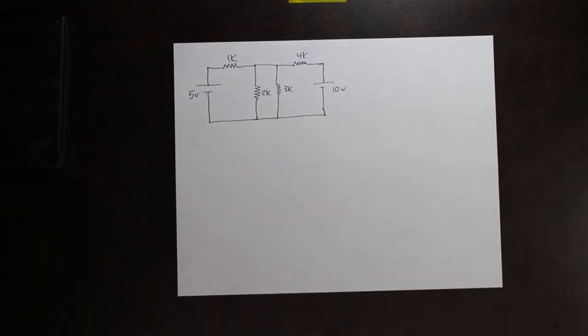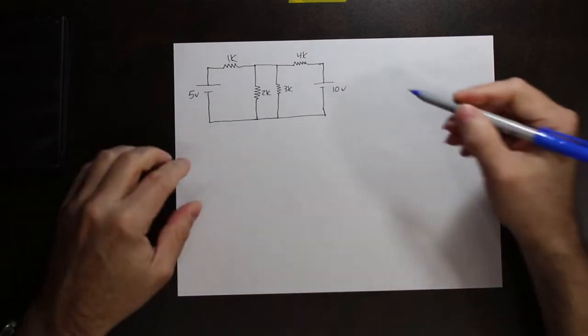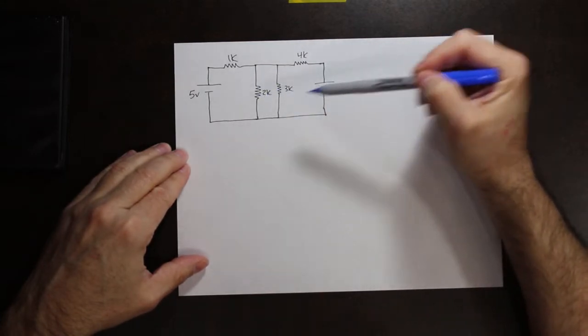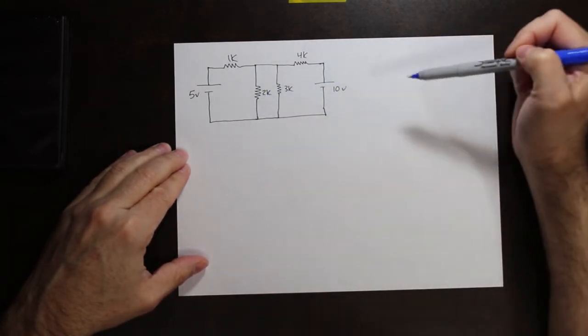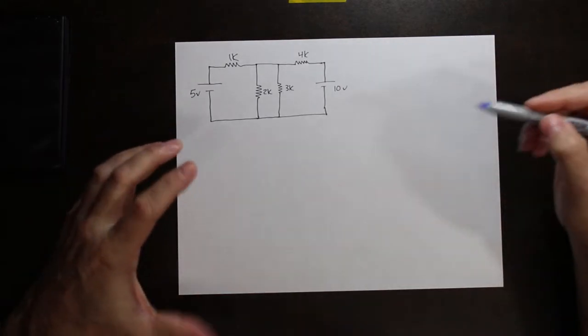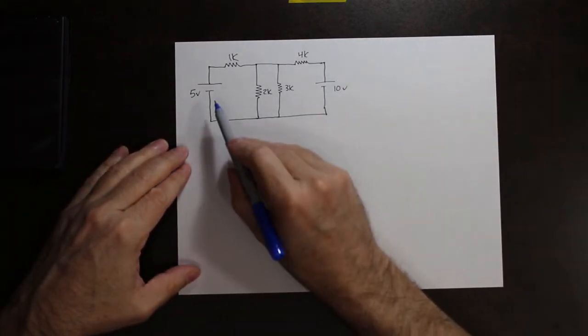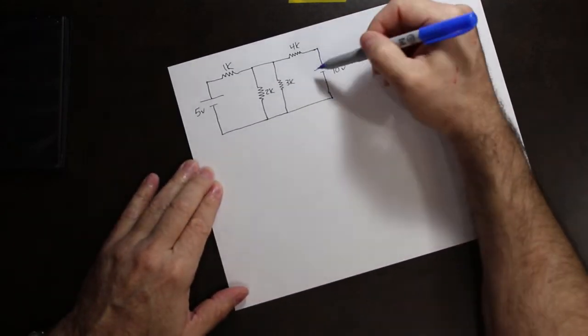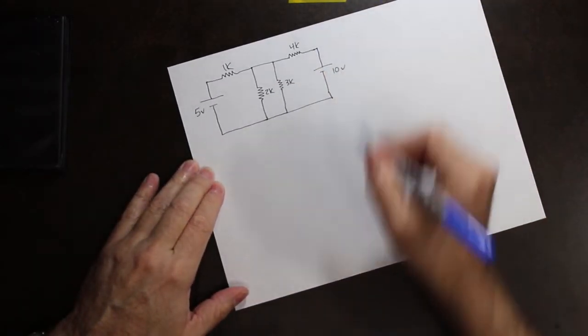I'm going to take each power supply and remove it one by one, do the calculations and then come back. So we're going to take the 5-volt supply first. That means that the 10-volt supply is shorted out of the circuit.